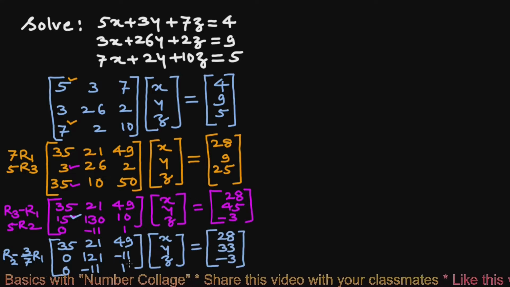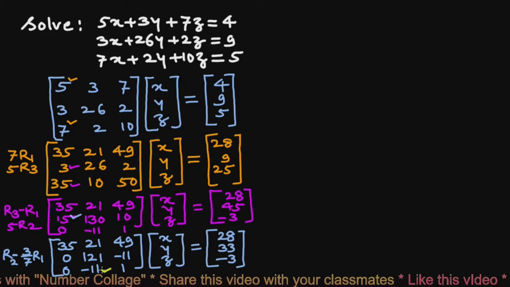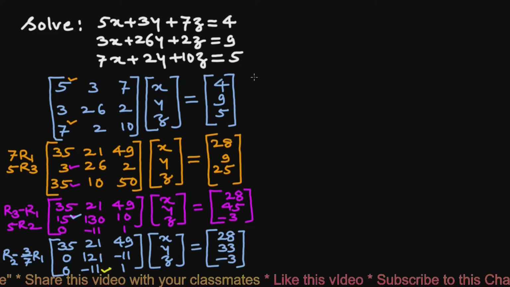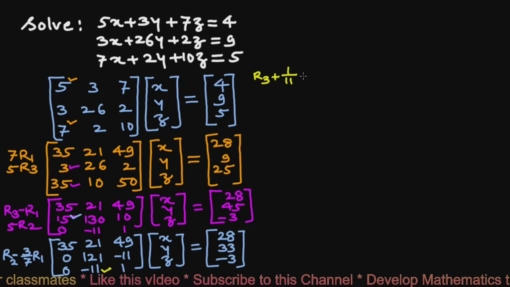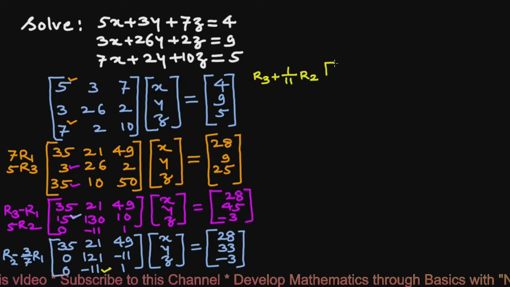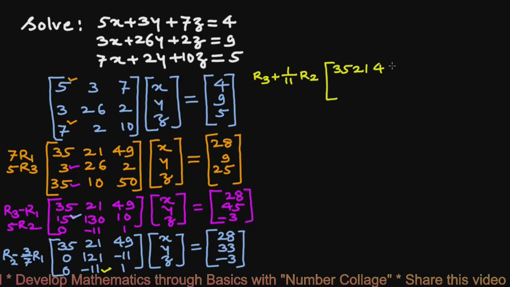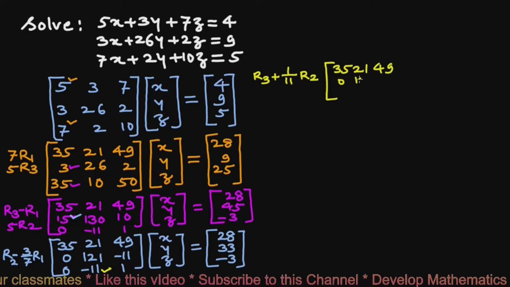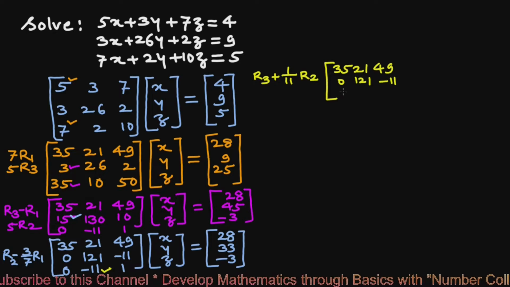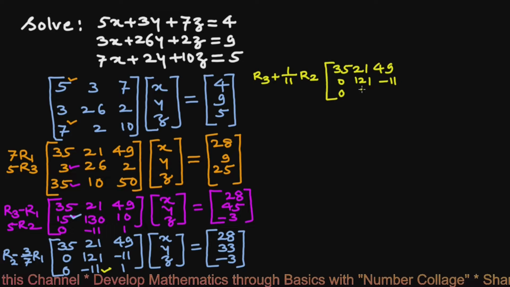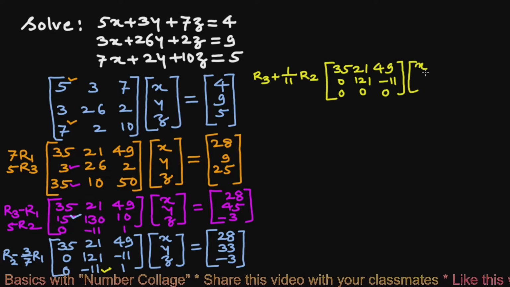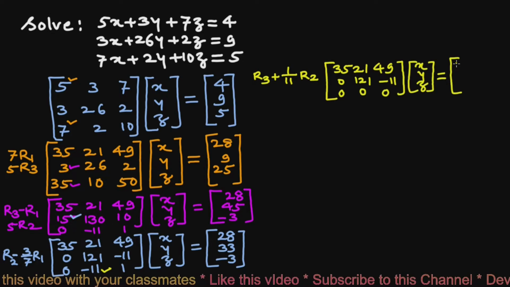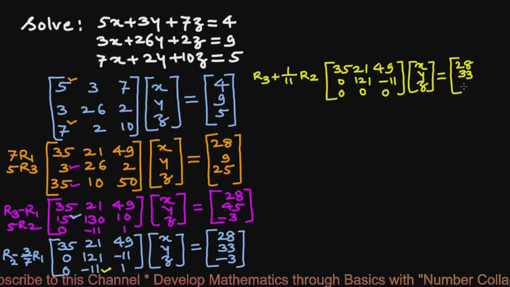Now in order to make this minus 11 zero, we will perform R3 plus 1 upon 11 R2. So that will be 35, 21, 49; 0, 121, minus 11; 0, minus 11 plus 11, 0, 1 minus 1, 0; x, y, z equals 28, 33, minus 3 plus 3, 0.